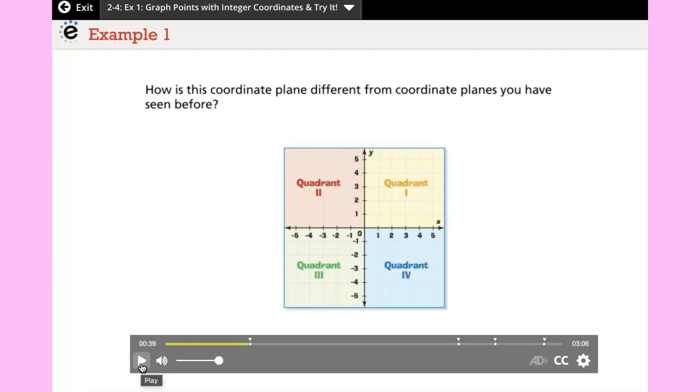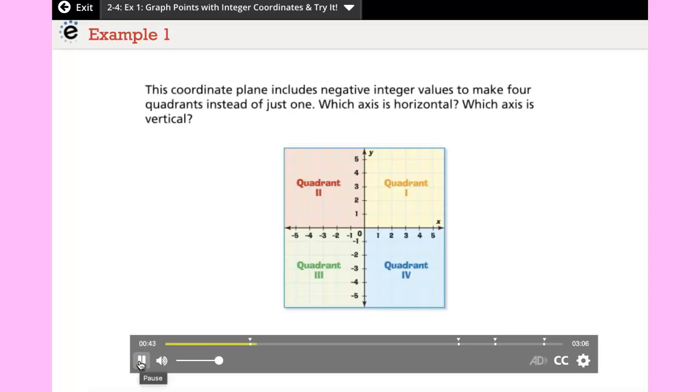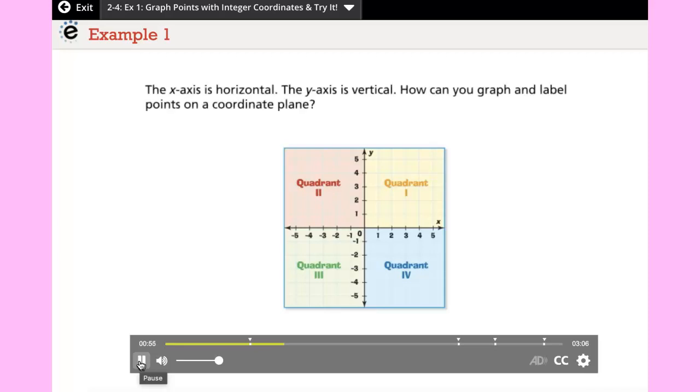So before, we only saw a coordinate plane with all positive numbers. But this time, we could see negative numbers, all right? This coordinate plane includes negative integer values to make 4 quadrants instead of just 1. Which axis is horizontal? Which axis is vertical? The x-axis is horizontal. The y-axis is vertical.